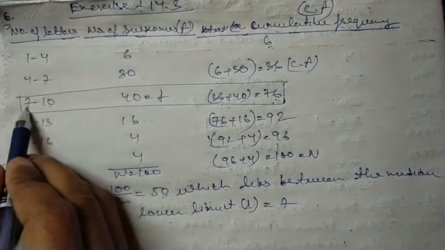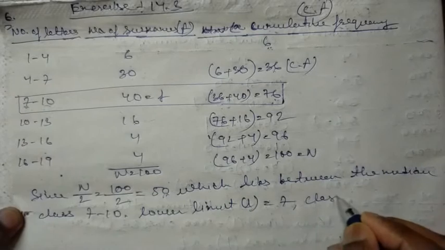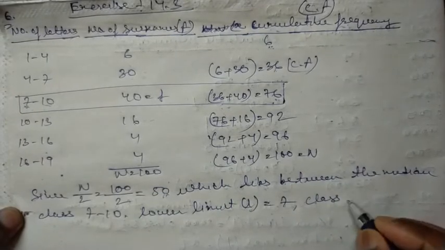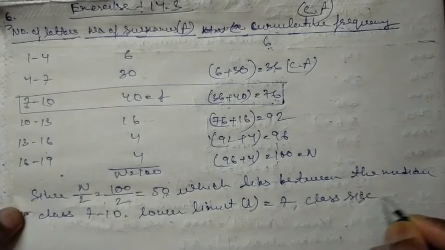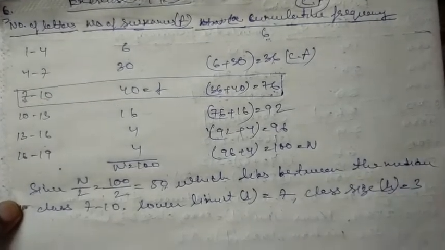The difference is 3, so the class size h is 3.